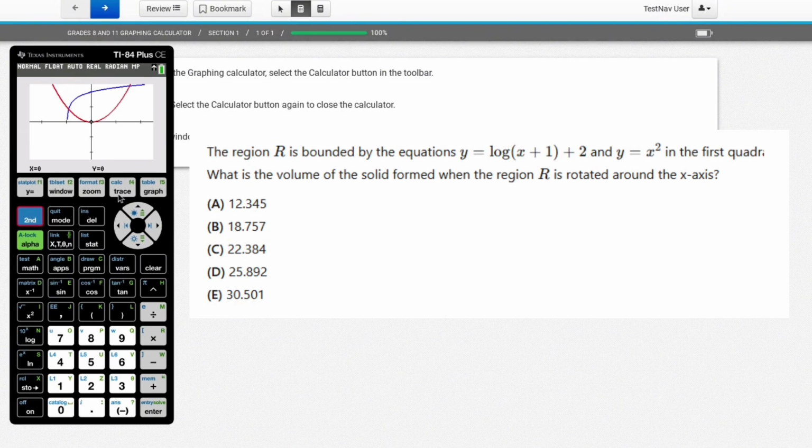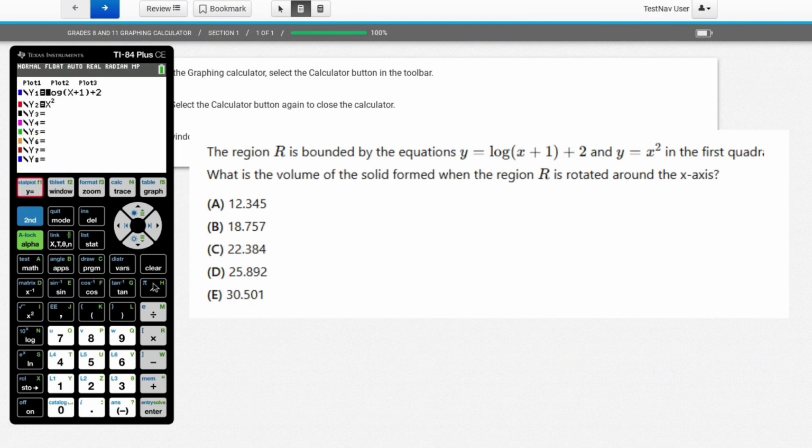So hit second calc. Let's find out where these two guys intersect. So let's move over here a little bit. Hit enter. Let's move over here a little bit. Hit enter again, and I get 1.5513.